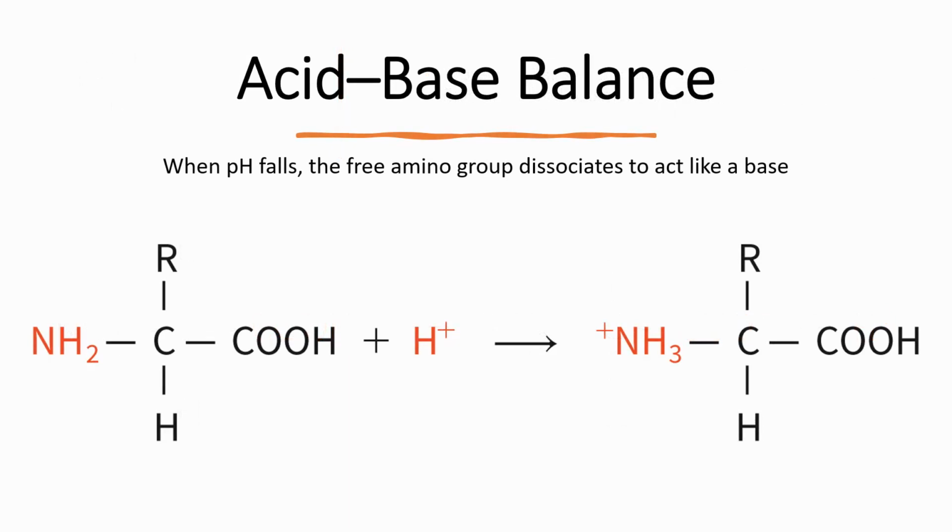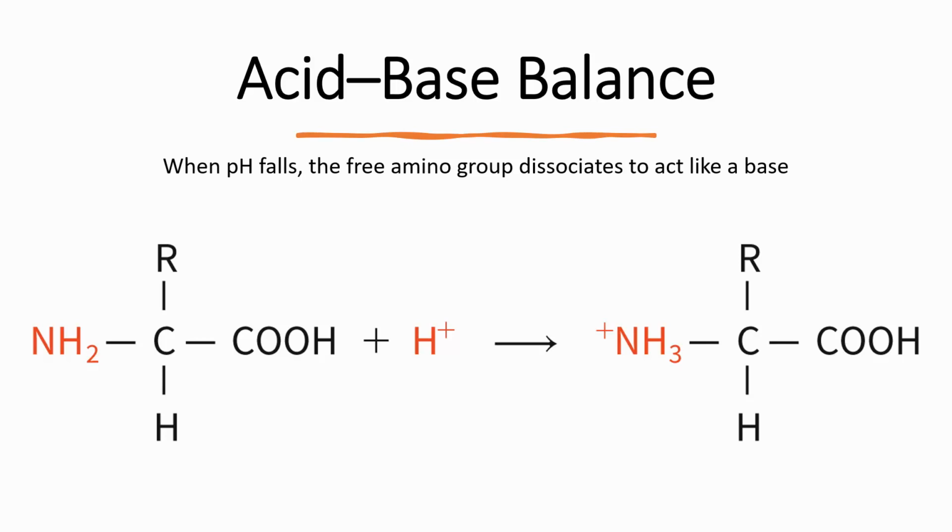When pH falls, in other words, the blood is becoming more acid because, again, acidity is measured by the amount of hydrogen ions there are. And pH is actually an inverse log, so the smaller the number, the more hydrogen ions there are.